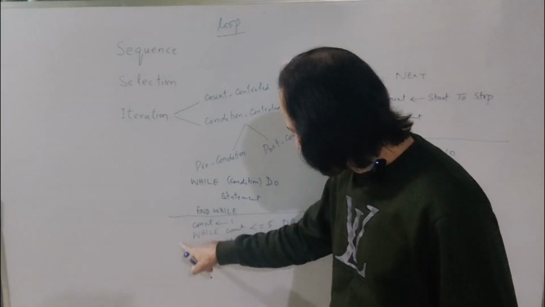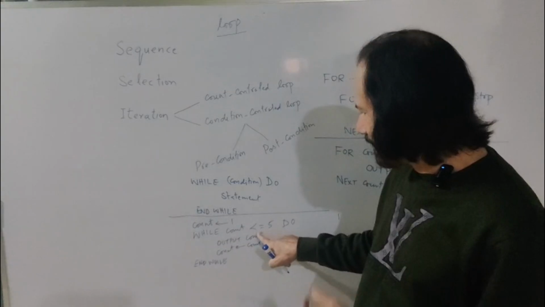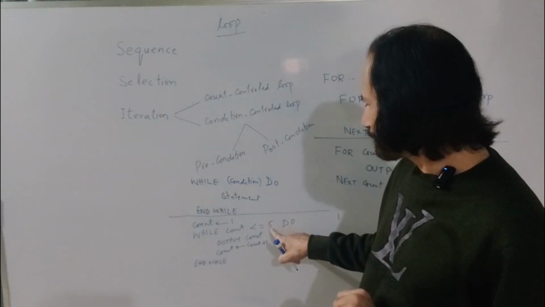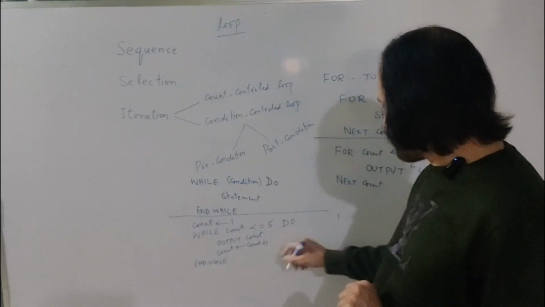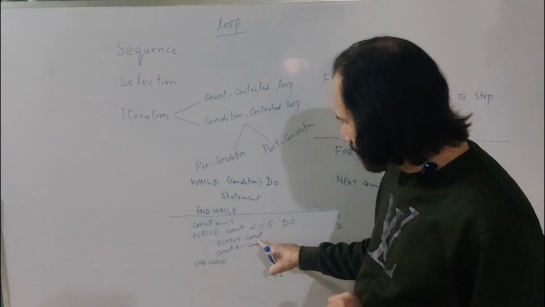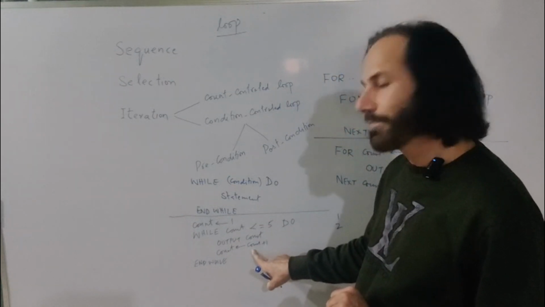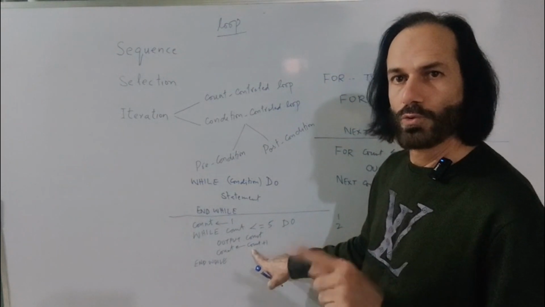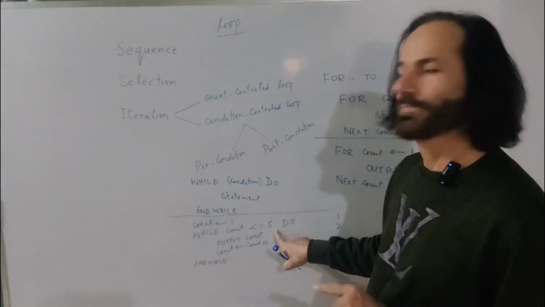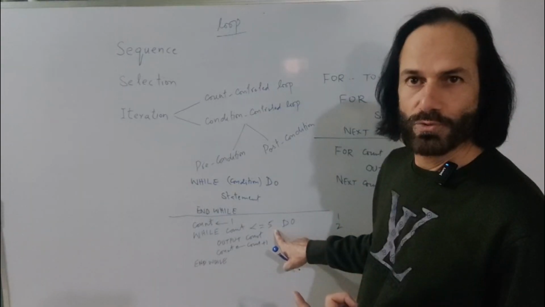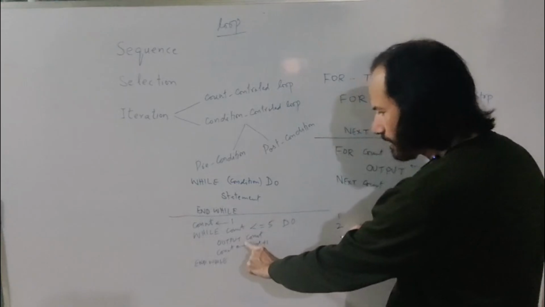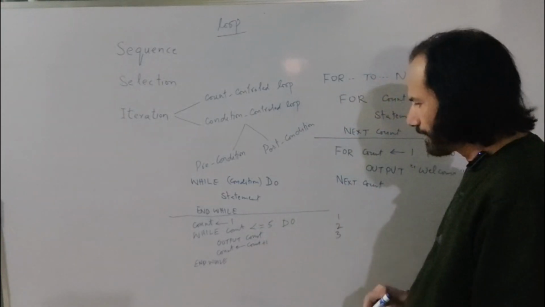Now again it will check the condition. The count is still less than 5, so it enters the loop body and outputs 2. The count will be incremented again: 2 plus 1, now it becomes 3. The condition is still true because 3 is less than 5, so it enters the loop body and outputs 3.